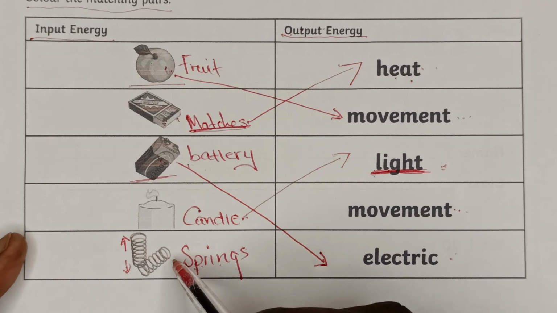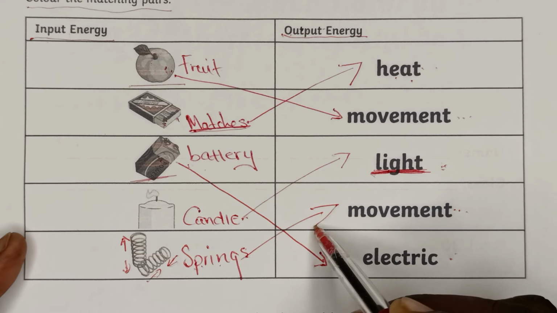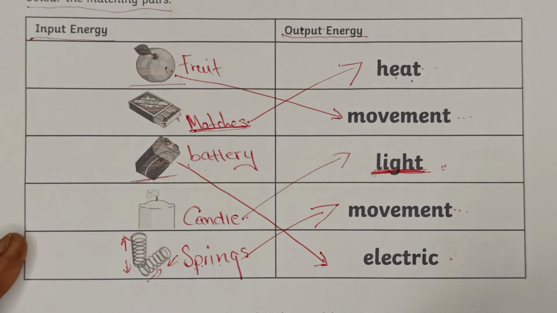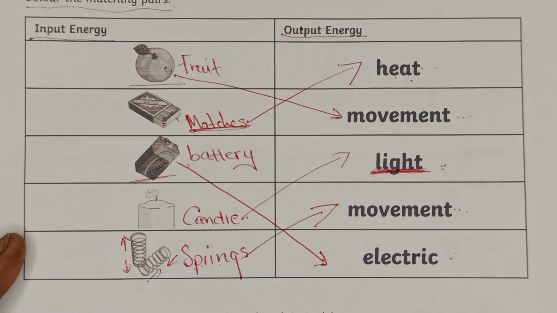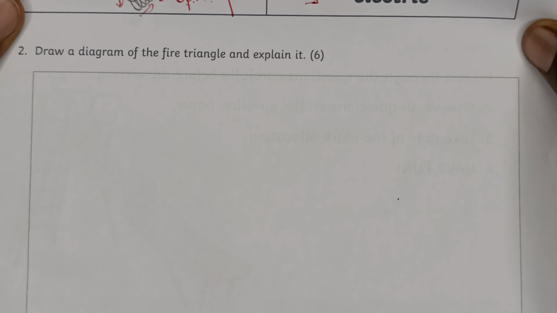If you pull them apart, they try to pull back. So what kind of energy do springs give us? They simply give us movement. So springs cause movement. Okay, right. We move to the second question.